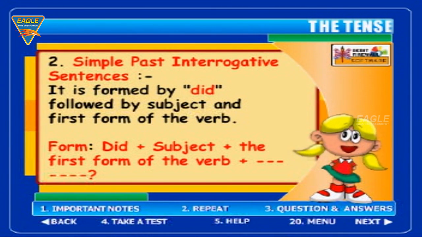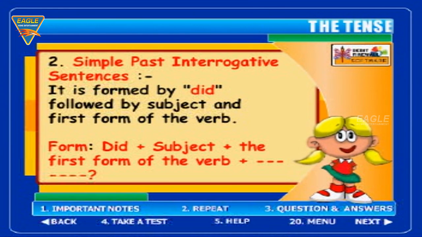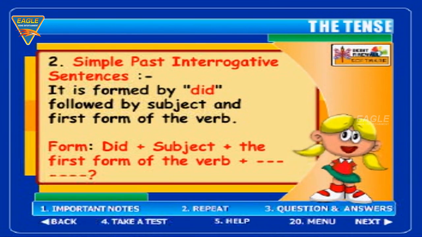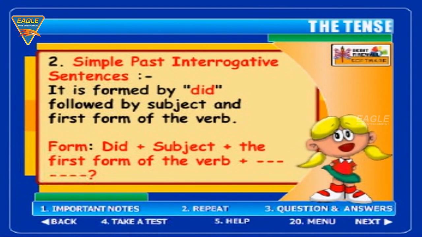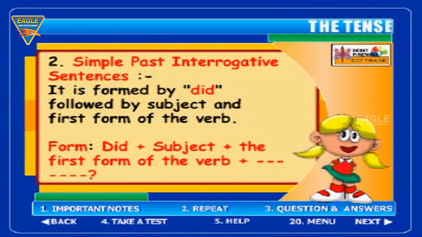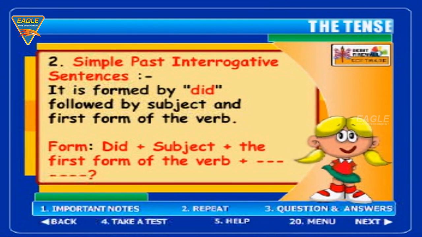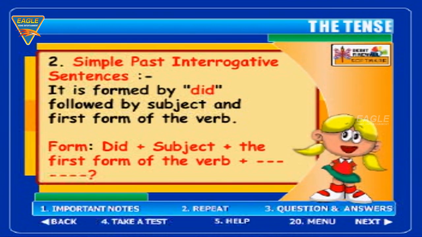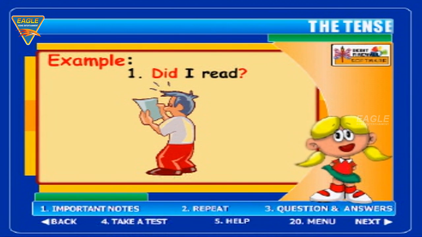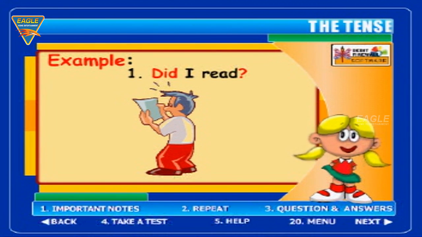Simple past interrogative sentences. It is formed by did, followed by subject and first form of the verb. Did plus subject plus the first form of the verb. Examples: did I read?